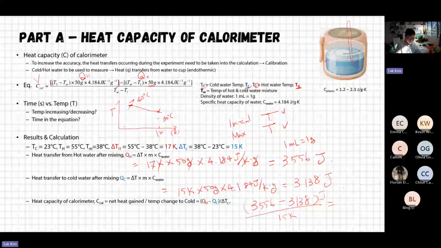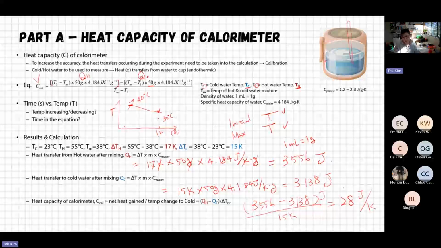Once I put these numbers into my calculator, divided by 15, I have around 28 joules per Kelvin, right? So that is the heat capacity from my values.